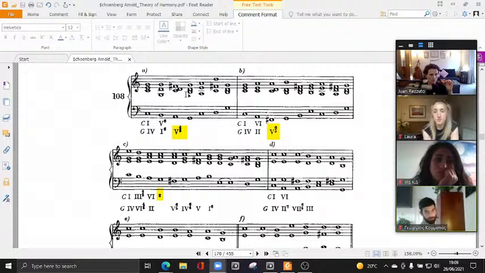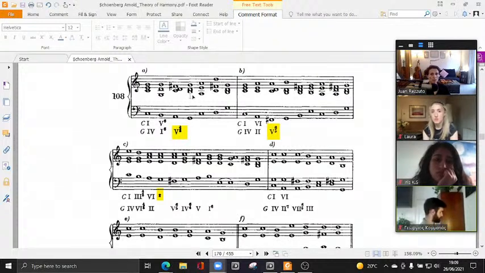Predominant is usually the 4th or the 2nd. Those are the 2 chords that belong to the subdominant family, so subdominant or supertonic.